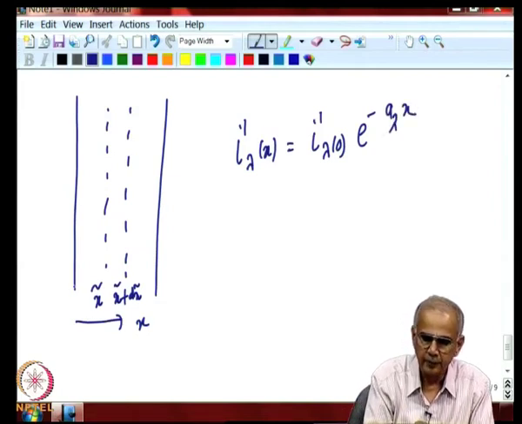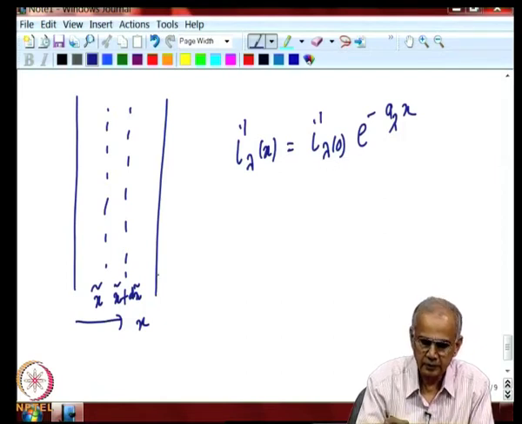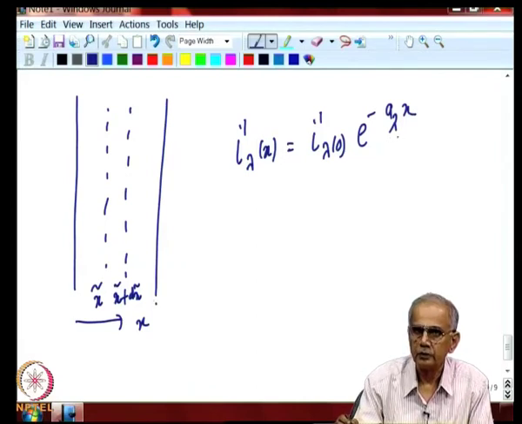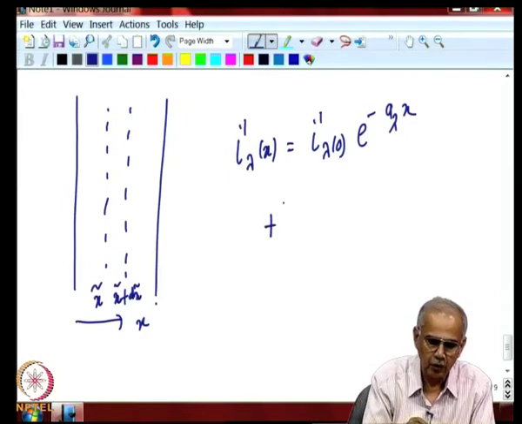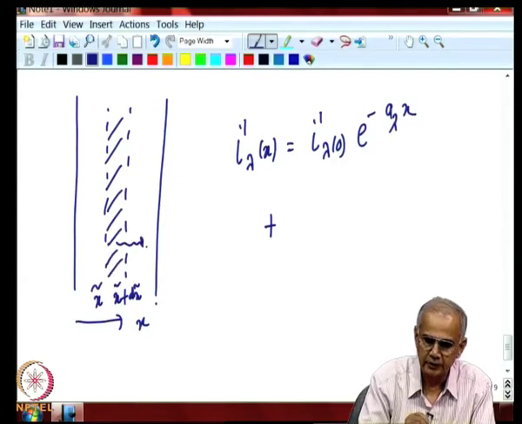So, radiation emitted from this surface I prime lambda 0 reaches the plane x after attenuation through the gas, plus emission by all these gas elements here, all these gas elements will emit radiation in the direction to reach here.